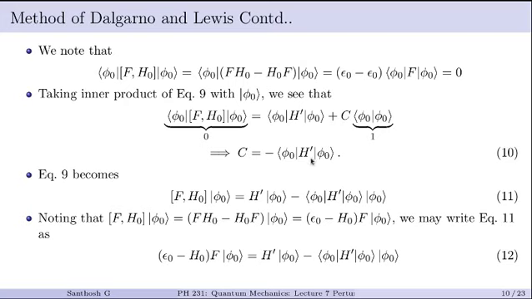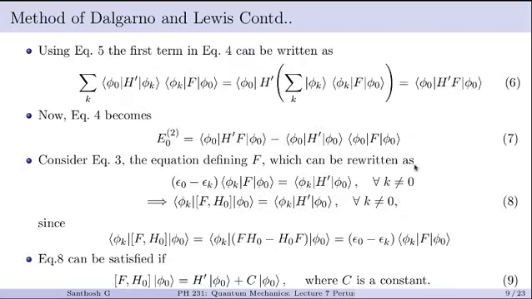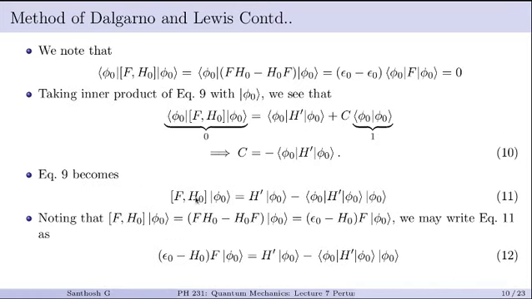Now we substitute this value of c in equation number 9, okay, and therefore the equation for f becomes: the commutator of f with h0 acting on phi 0 gives h dash phi 0 minus, you replace c by this value, that is what you have over here, multiplying phi 0.